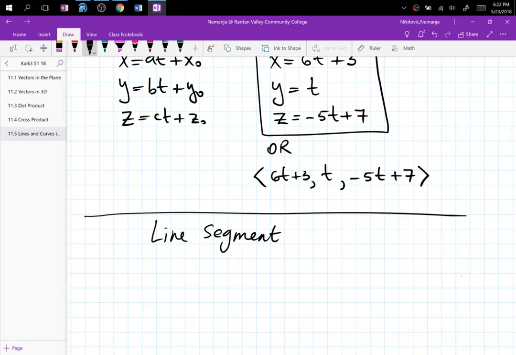A standard question within a much larger question in chapter 14 would be: calculate the line integral along the line segment, and they say the line segment between 0, 0, 0 and 5, 5, 5.